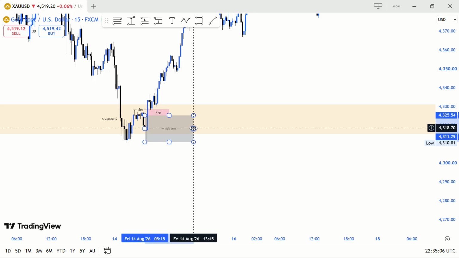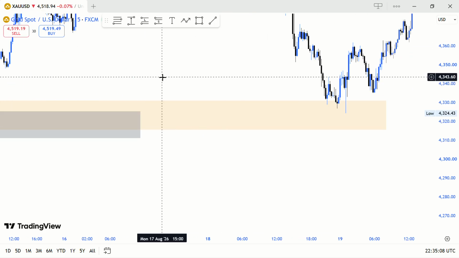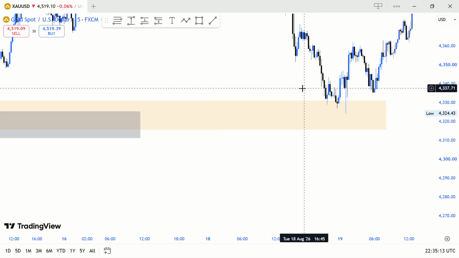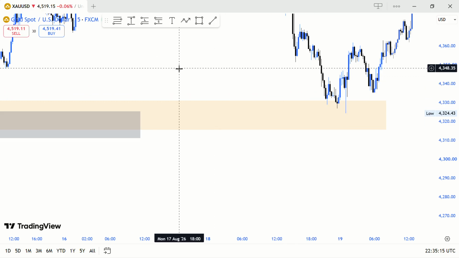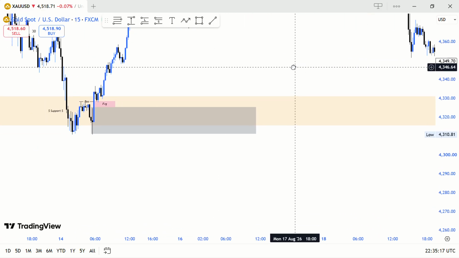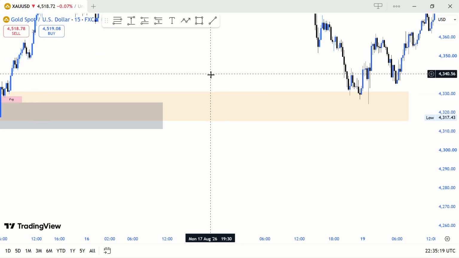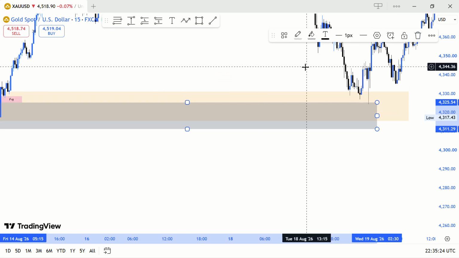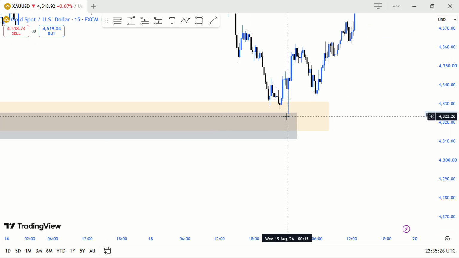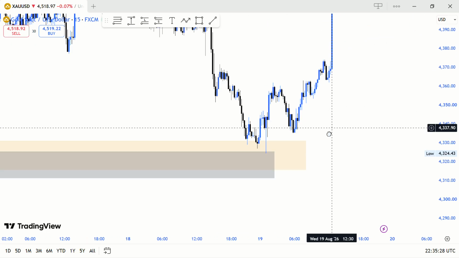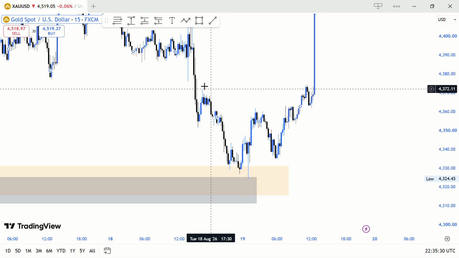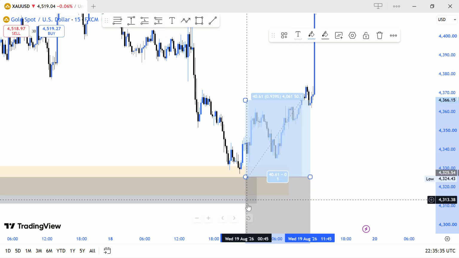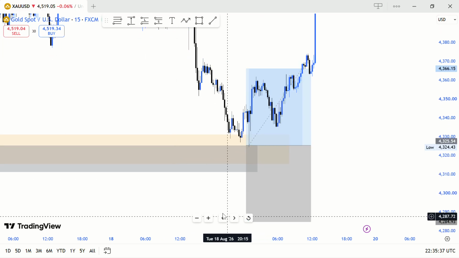So from this order block, I stretch it. Remember, we're still working with the three touches of the support level, but then we still have to spot our entry. We don't just enter anyhow. So you can see how it just tipped into my order block, and I got that massive push to the upside.